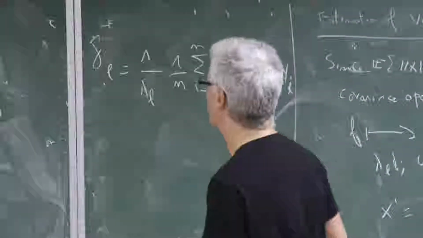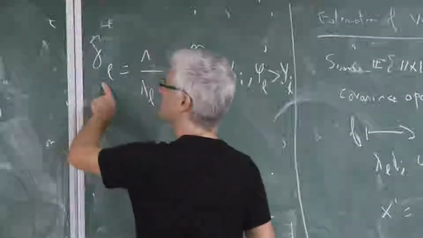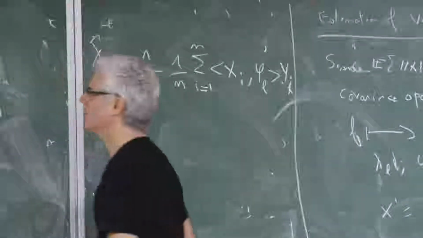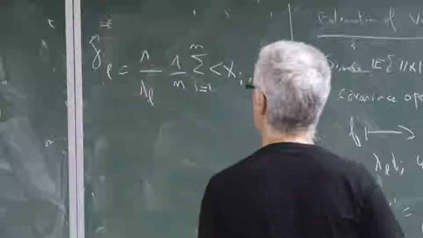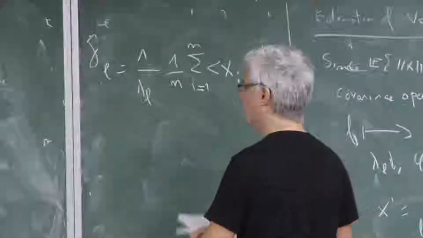So now replacing gamma by the estimation, and I truncate my sum to a certain level m, I'll get an estimator.